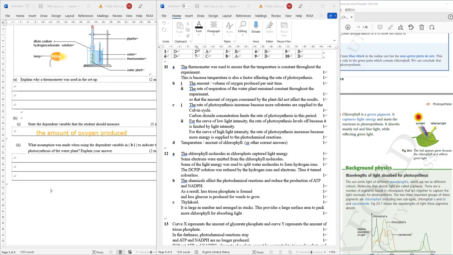Oxygen is produced and collected in the pipette. You collect some oxygen gas there. We have to assume that, first point, the rate of respiration is more or less constant throughout the experiment.